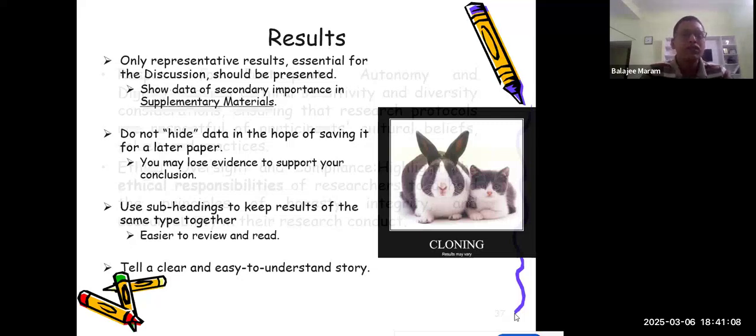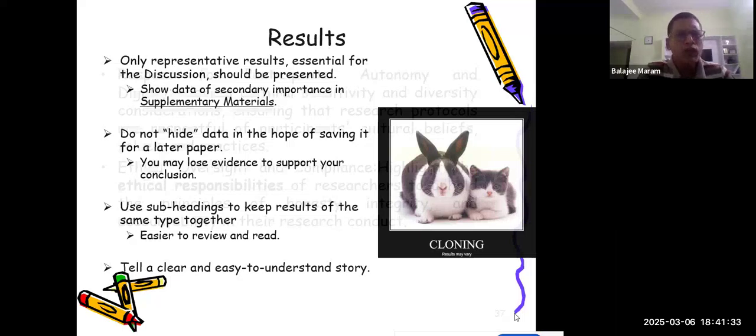So that is the third point. And the fourth point, tell a clear and easy to understand story. Right, okay? Because suppose in an English related research, usually they are using very hard words.